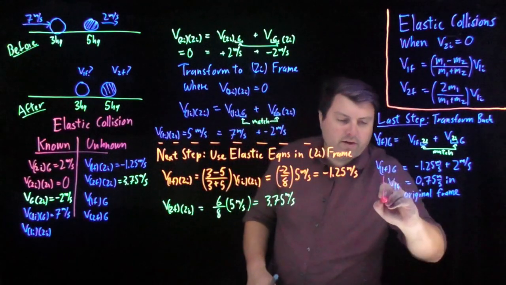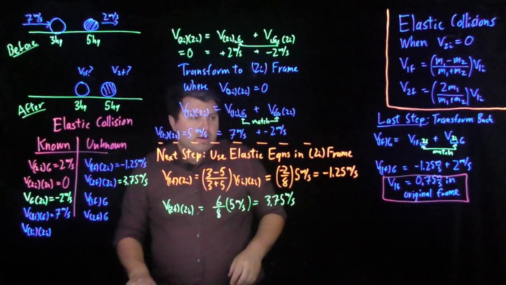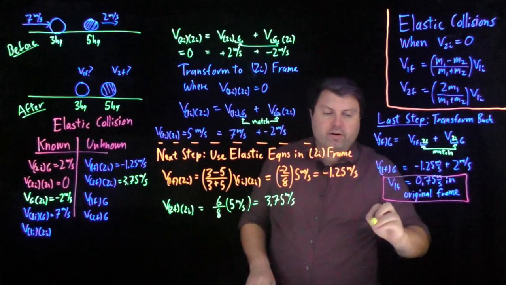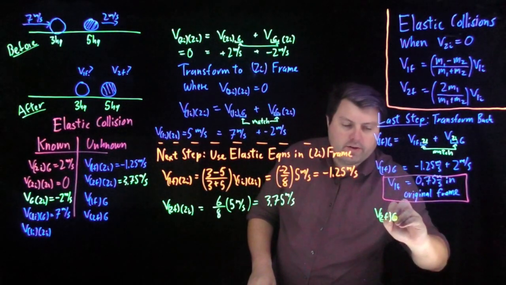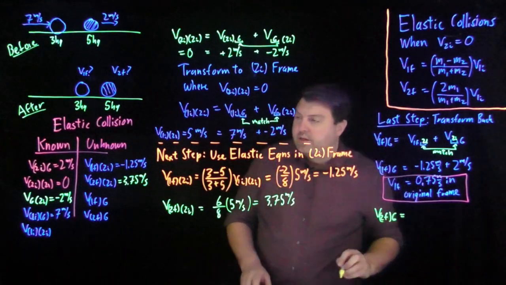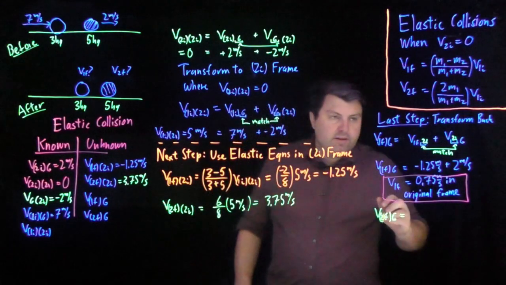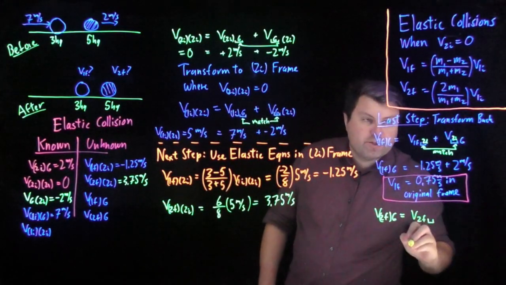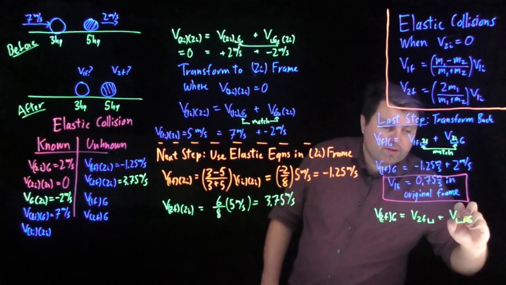Excellent. So I've got half of it. And now see if you can figure out which two things to add for v2f in the ground frame. So pause and see if you can solve. So we need v2f relative to some shared measurement plus v of that shared measurement relative to ground.